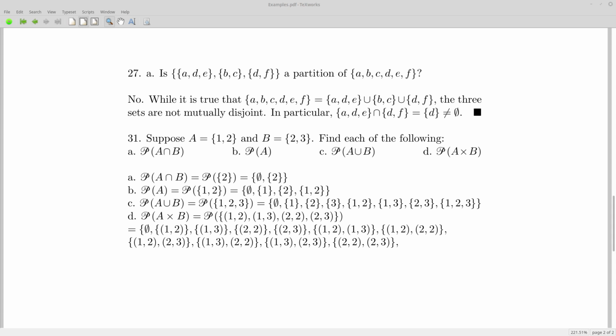So what are our 3-element sets? We can take the first 3 elements. And now I'm going to keep (1, 2) and (1, 3), but I'm going to replace (2, 2) with (2, 3).